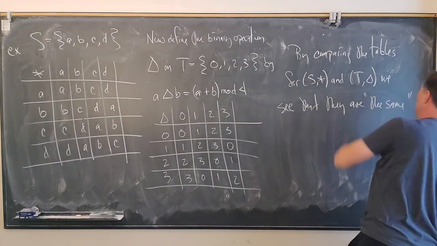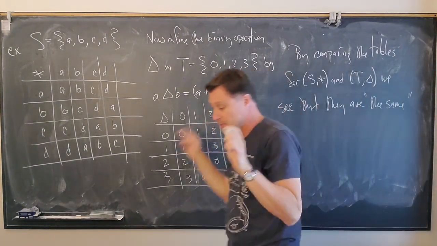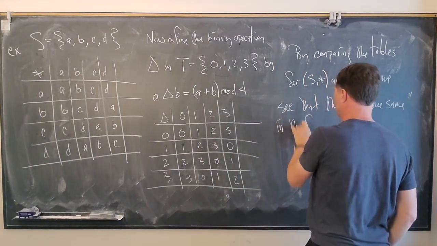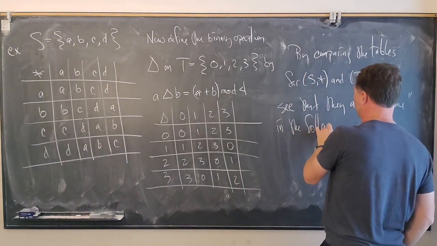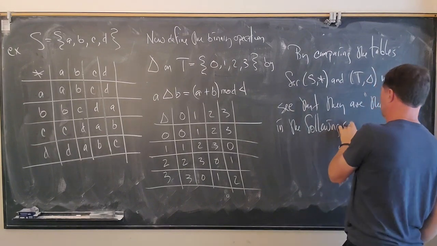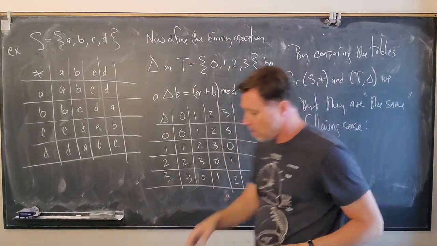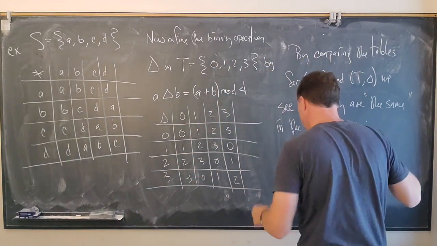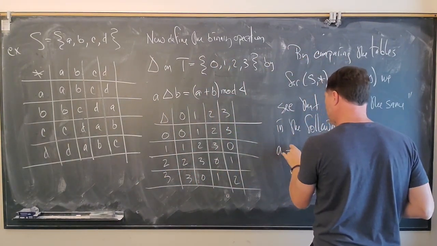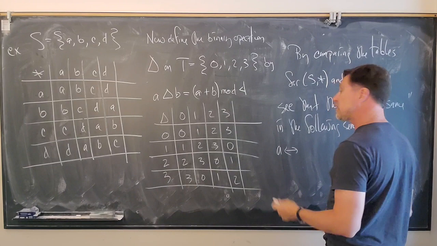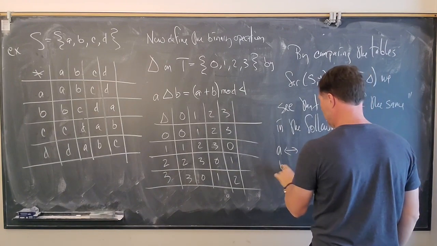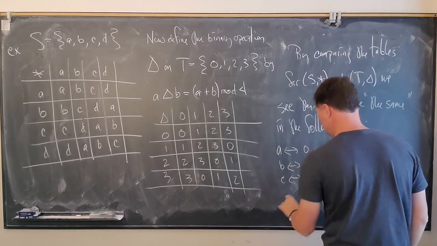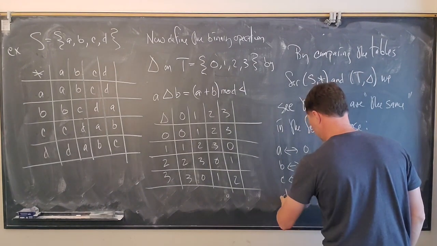And I'll still put that in quotes. We need to make this sameness precise in the following sense. What we have is this correspondence, right? There's a correspondence that matches A with 0, B with 1, C with 2, and D with 3.